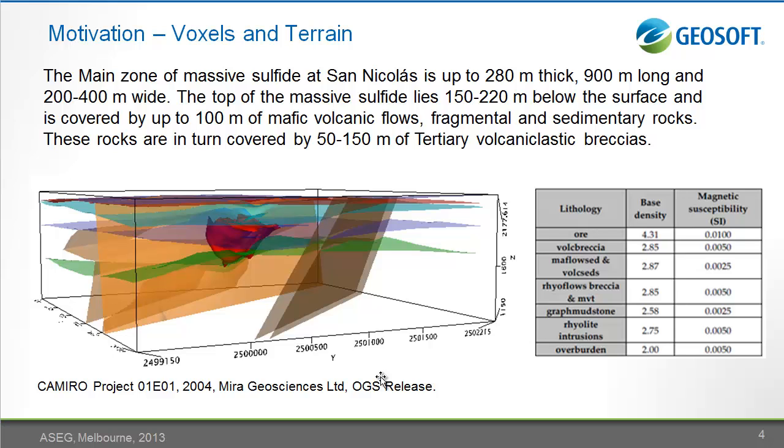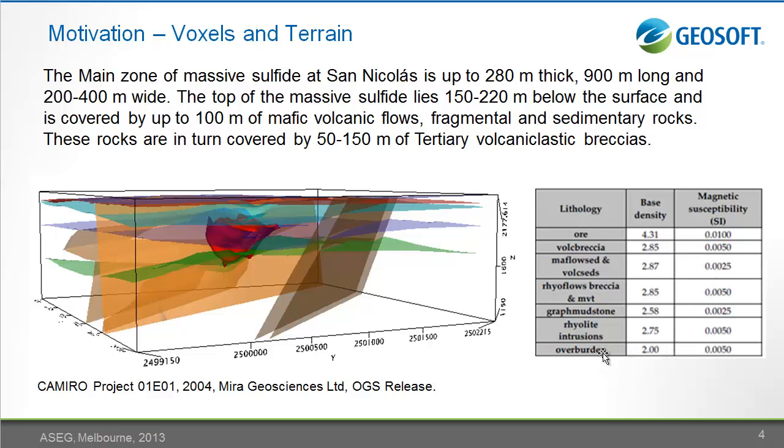So to give you some more detail about the deposit, it's about 280 meters thick, 900 meters long, and about 300 meters wide. As I mentioned, it's about 200 meters below surface. If you look on the right, you'll see lithologies that are involved in this deposit, and you will also see the physical properties which have been assigned to each of those units.